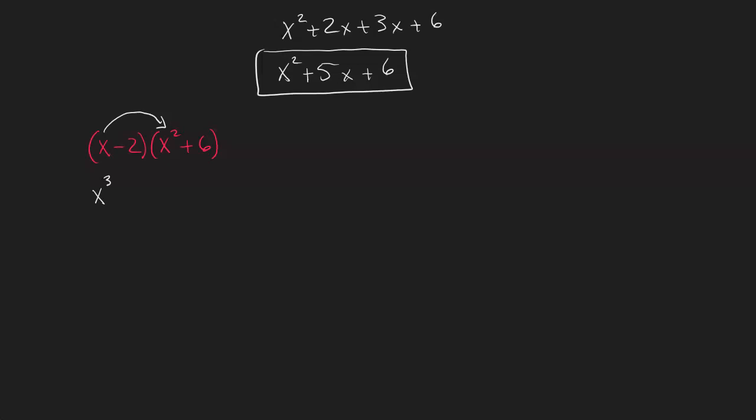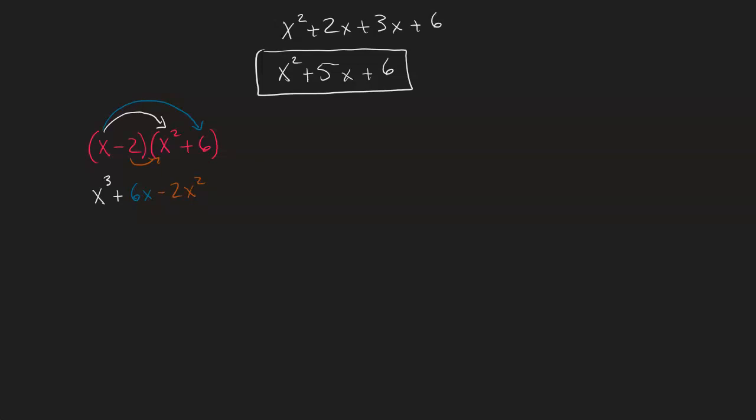Then I want to do my outer terms. Let me put plus here, which becomes x times 6, and I get 6x. Then I want to do my inner terms, which is the -2 times the x squared. -2 times x squared is just -2x squared.